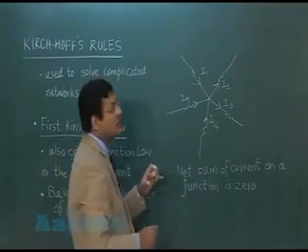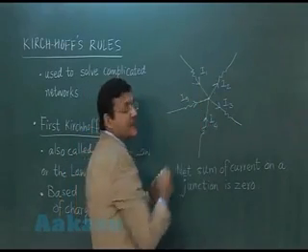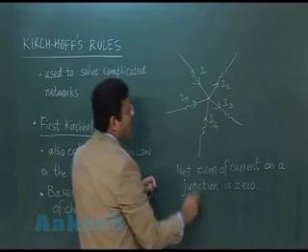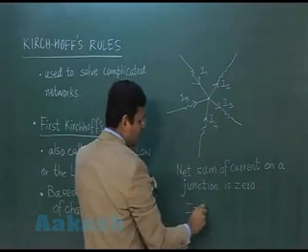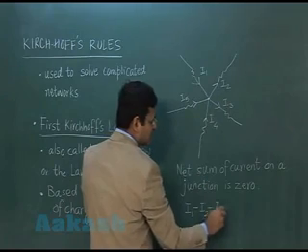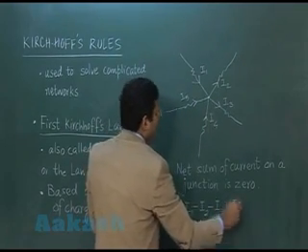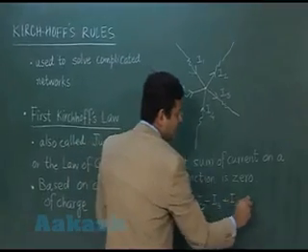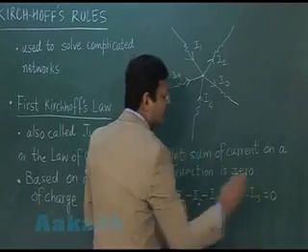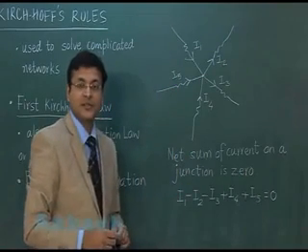Let us suppose incoming you called positive, then outgoing will be negative. Then I1 is coming in, so this is plus I1. I2 is going away, minus I2. I3 is going away, minus I3. I4 is coming in, plus I4. I5 is coming in, plus I5. And this will become equal to 0. This will be the numerical statement of the first law.